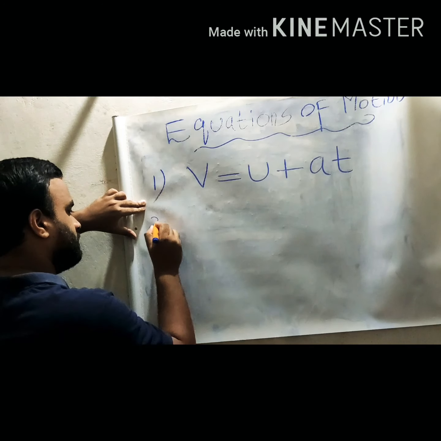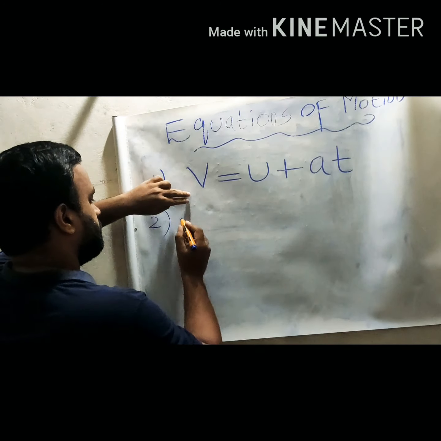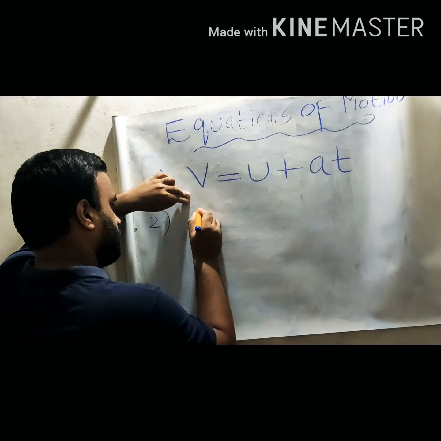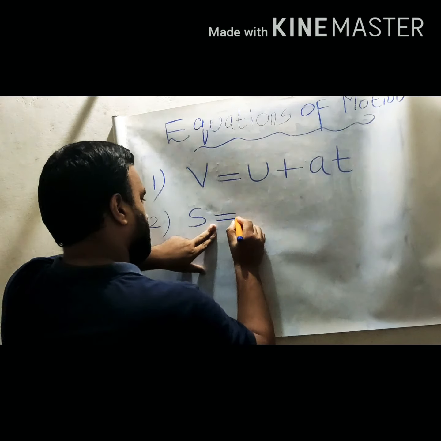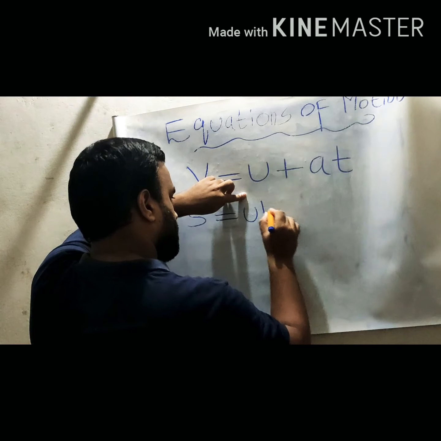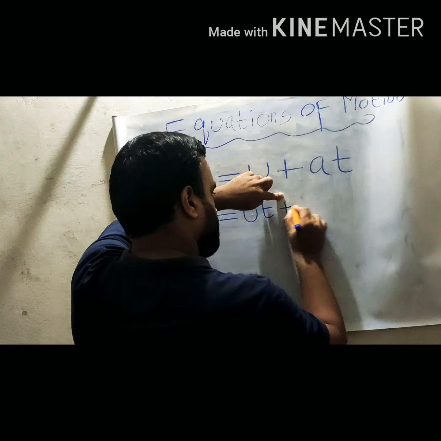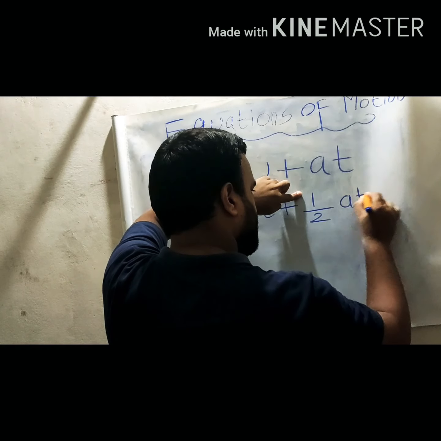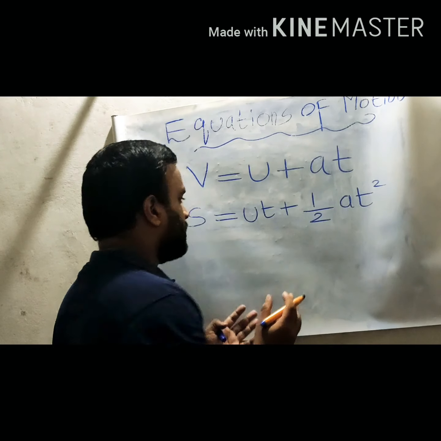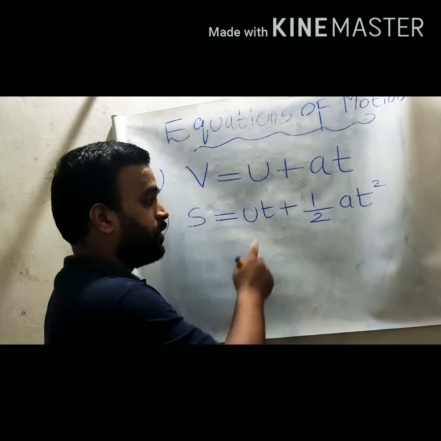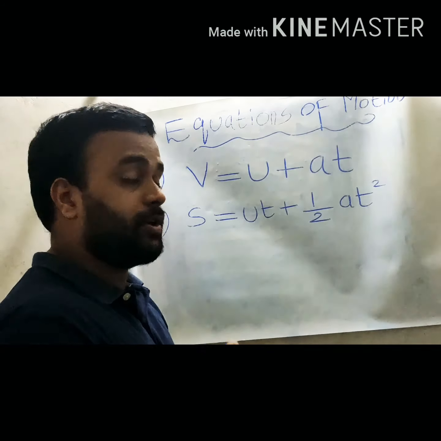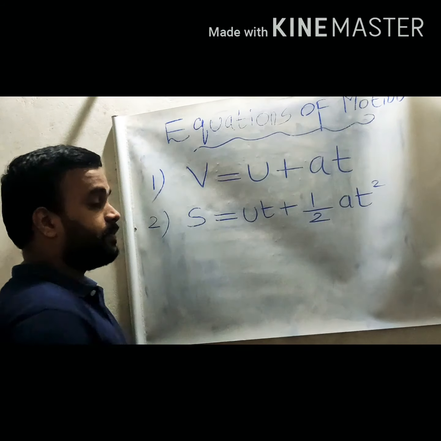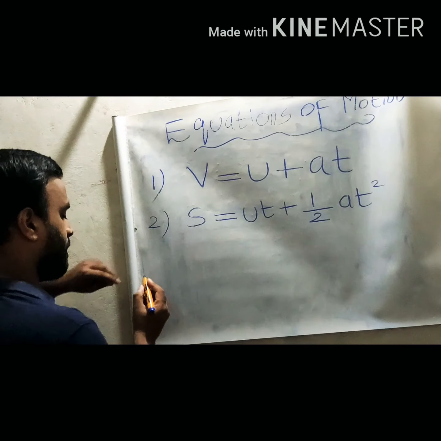The second one: our second equation is s = ut + half at square.